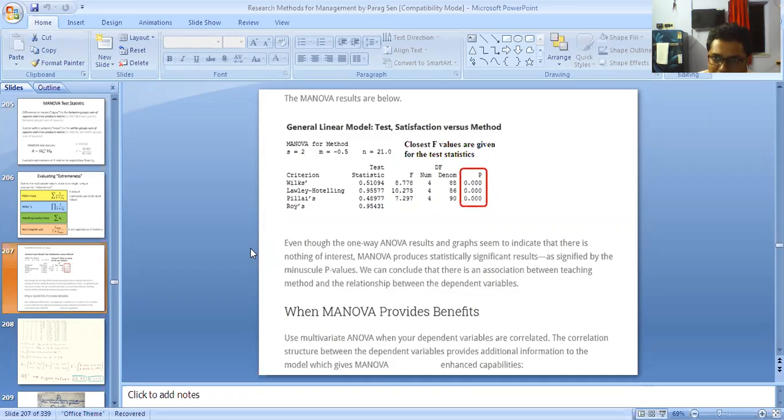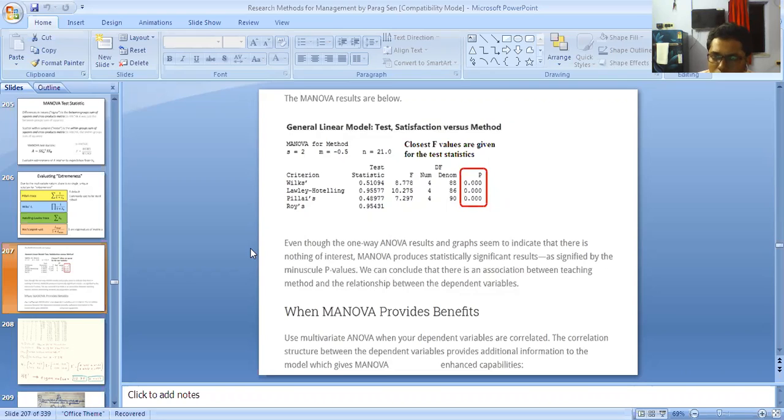The test score is also not influenced by the teaching method, but the relationship between the test score and the satisfaction score is influenced by your independent variable, teaching method.